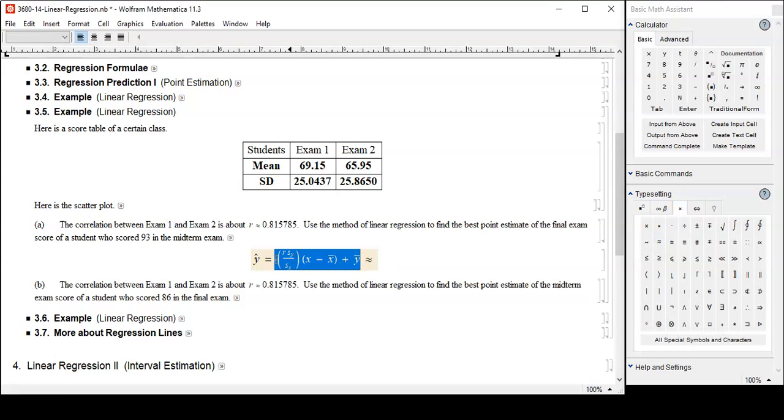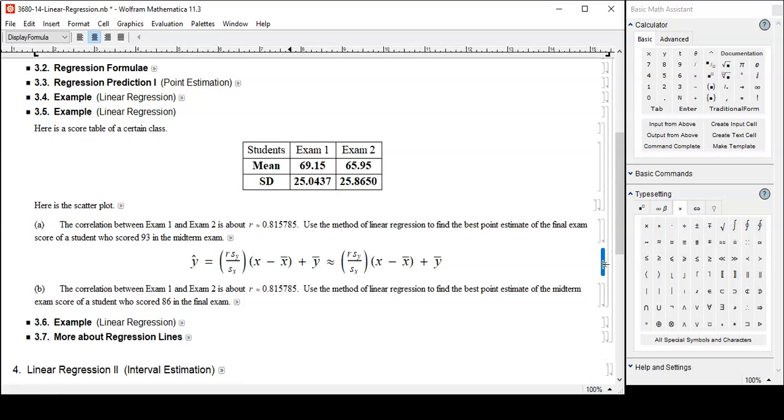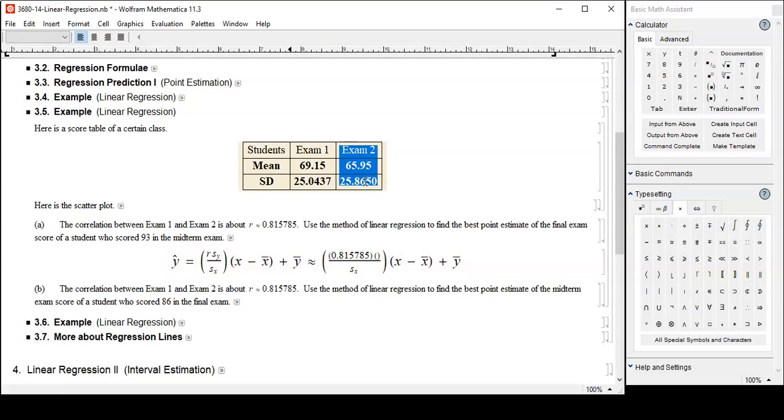Let me expand the font a little bit more. And what is r? That's 0.815 something. What is Sy? Standard deviation of y. We only look for exam 2, since exam 1 we know.